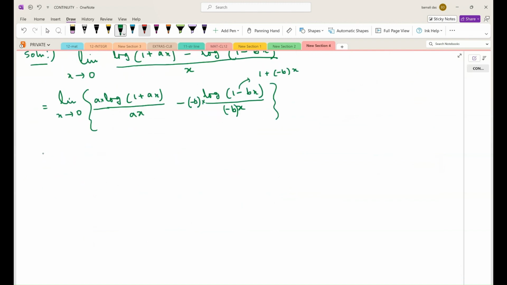So now it is easy. So limit x tends to 0, now I don't need to show the calculations, you can do it directly.